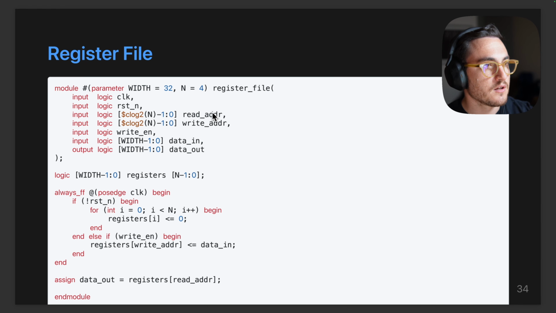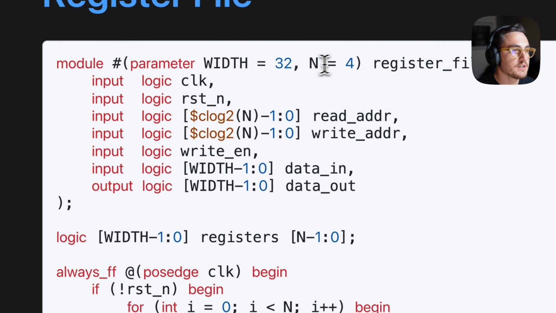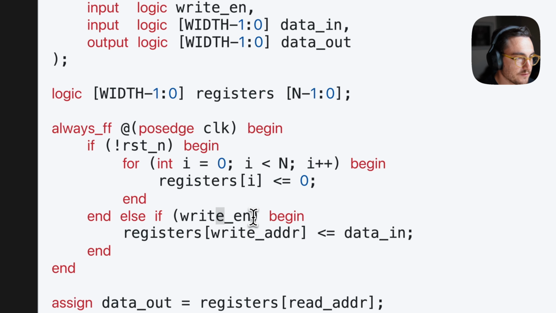So here in this case we have n, which is 4, 32-bit registers. So what happens here is that if we reset, we reset all the registers, and otherwise we write the registers whenever we have a write enable.